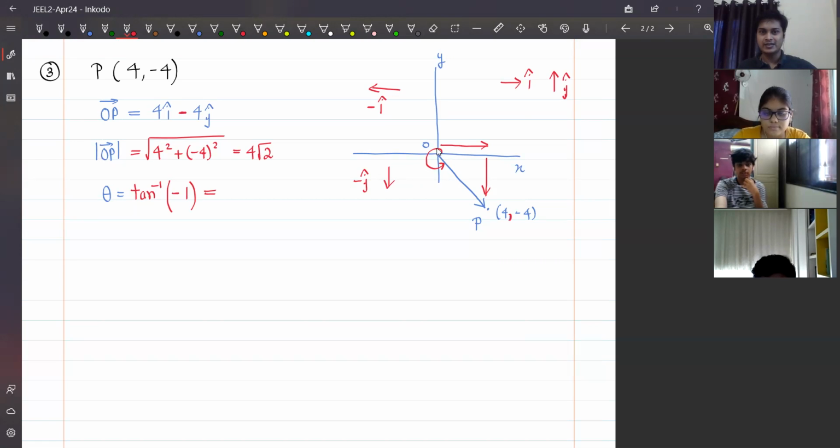So 90 plus 90 plus 90. If this is 45, then this is also 45. So it will be 270 plus 45, that will be 315 degrees. Or you can also write just minus 45 degrees. Both values are correct.